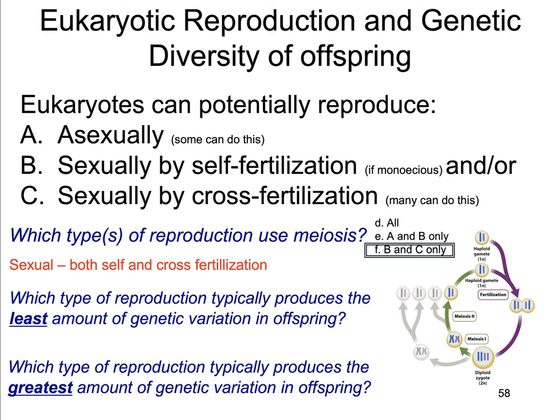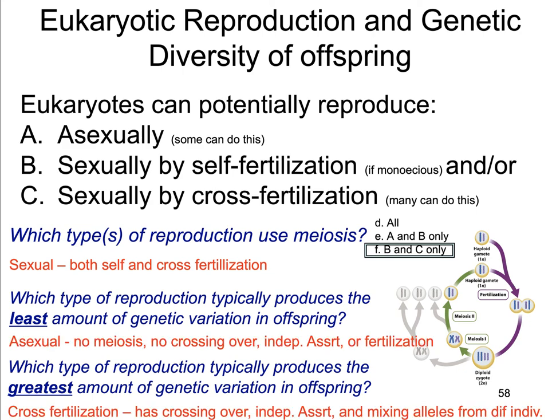Okay, next. Of these choices, asexual, sexual by self, sexual by cross, which type produces the least amount of genetic variation and which type produces the greatest amount of genetic variation in the population in offspring? All right, if you said asexual produces the least, that would be correct. That's simply because there's no meiosis occurring in asexual reproduction. It's only mitosis. And if there's no meiosis occurring, therefore there's no crossing over, there's no independent assortment, and there's no fertilization occurring.